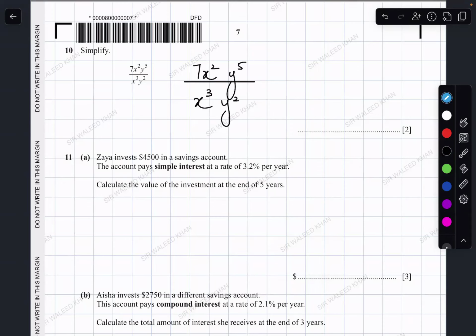So either you can use the laws of indices over there, or you can directly, because we have greater value in the denominator of x, so 1 is left in the denominator, the 2 in the numerator cancels out. Okay, a greater value in the numerator for y, so the denominator cancels out and 3 are left. So we have 7y cube over x. 7y cube over x.